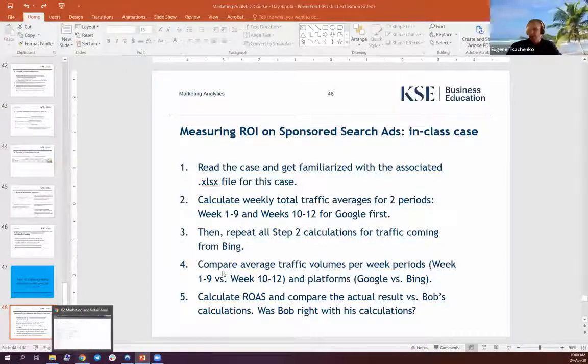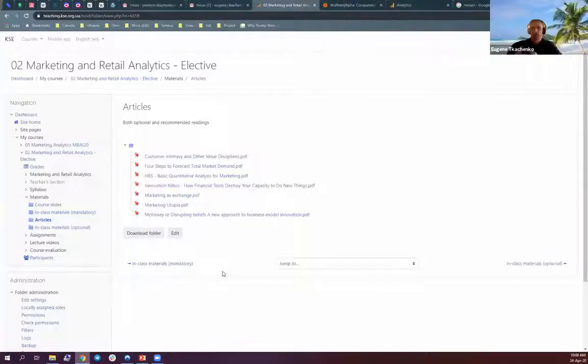I was aiming to completely finish this business case today. If we don't get enough time to finish it, we will be able to finish it at home, similarly to what we did with the customer journey maps exercise.